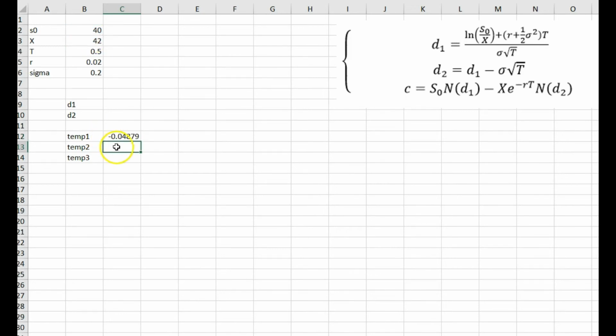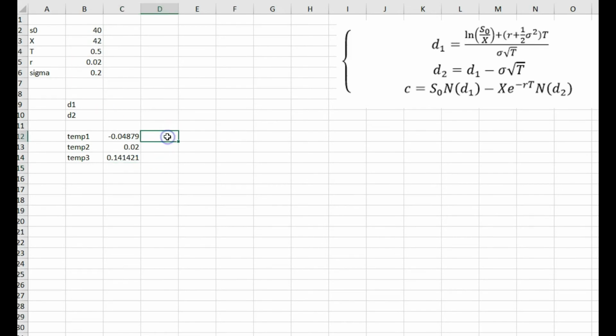This is our temp 1. Temp 2 equals the continuous compounding risk-free rate plus half times sigma squared, close it, times maturity T. The temp 3 will be sigma times the square root of T.